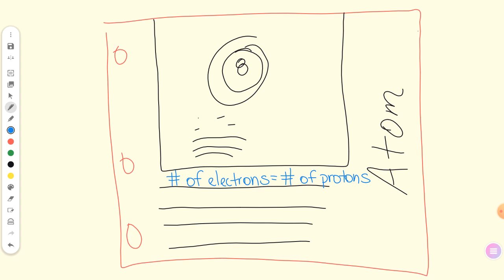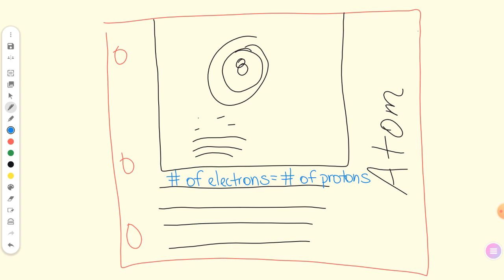You're writing this down at the bottom. When you glue in this foldable, you should have some space down at the bottom to write. And you're writing: the number of electrons is equal to the number of protons.